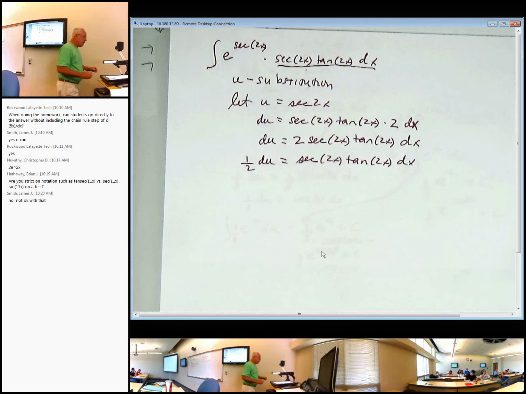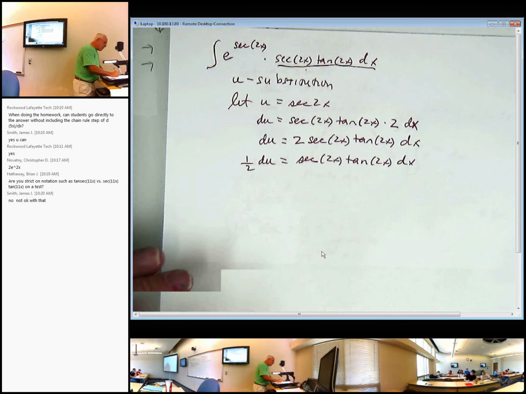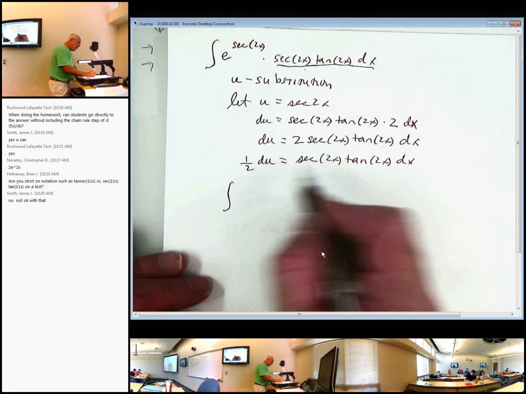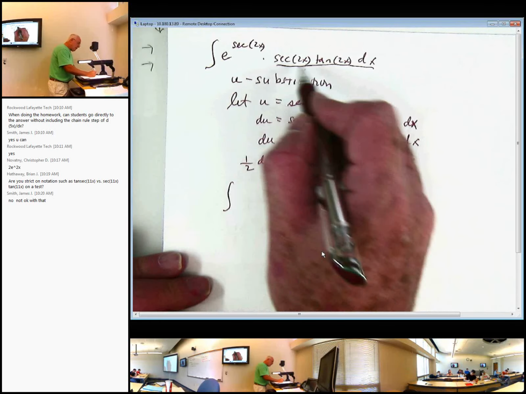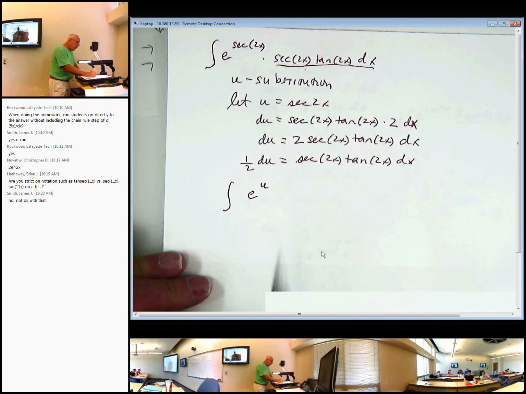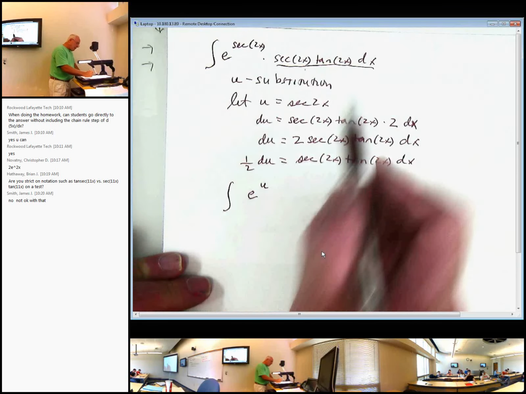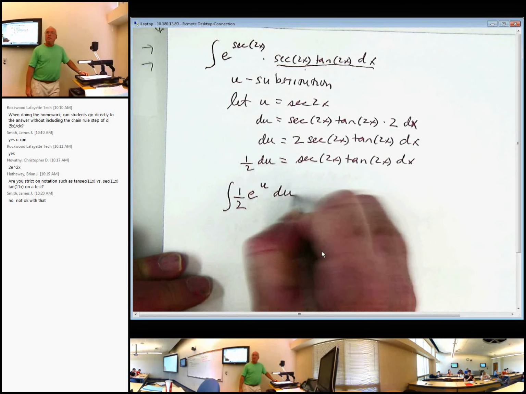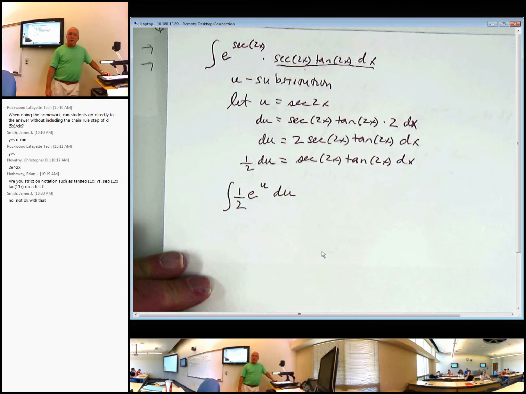All right. Then we do our replacement here. So I then have my e to the u. Now the whole rest of this has to be replaced by 1/2 du. So that's our replacement. And now we can get the antiderivative of this.